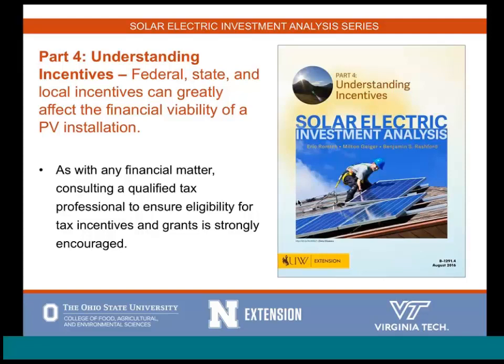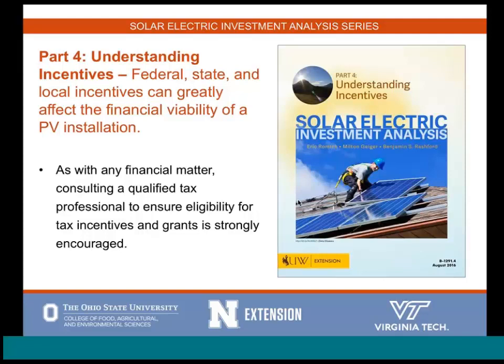The 30% investment tax credit is critical to this type of development. Net metering agreements, as John just mentioned, can be very different from one area to another. A net metering agreement is an incentive, and it is a tool that helps encourage the development of these types of projects in some instances.